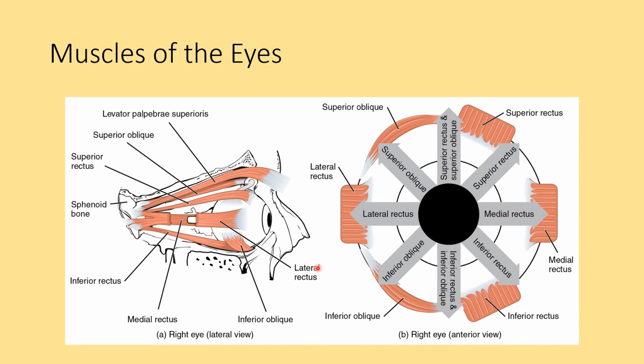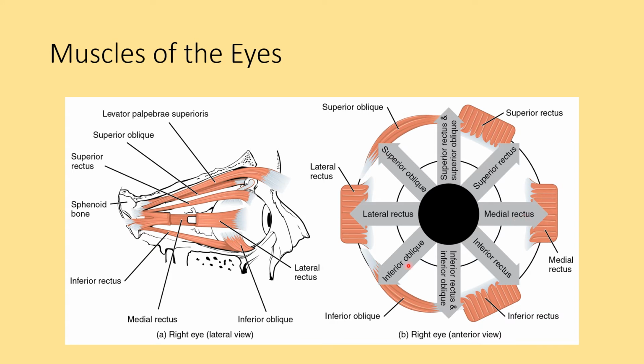Typically it's either the lateral or the medial rectus, where sometimes one of those muscles may be much stronger than the other, and so it tends to pull the eye. This is the pupil of the eye here. It would tend to pull the eye in one direction versus another.